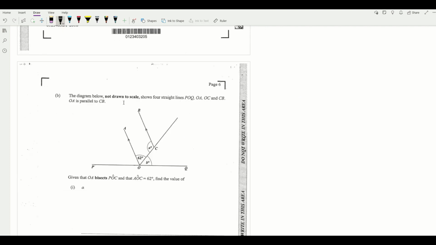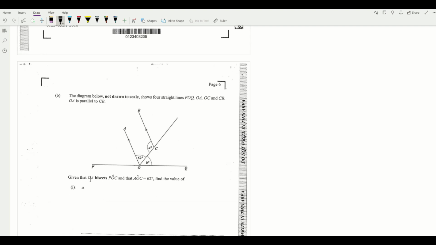Alright, the diagram below, not drawn to scale, shows 4 straight lines. We have P, O, Q, A, O, B, C, OC, CB, OA, and they say OA is parallel to CB.